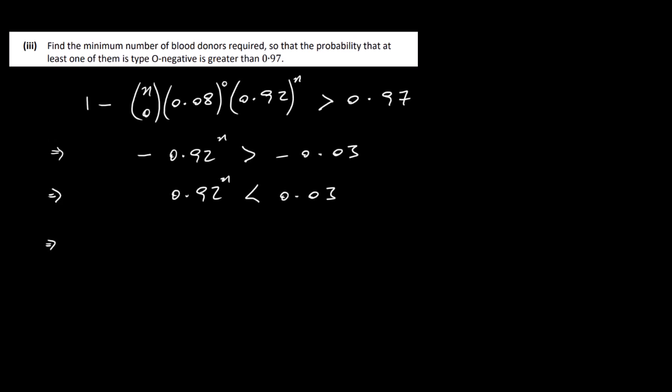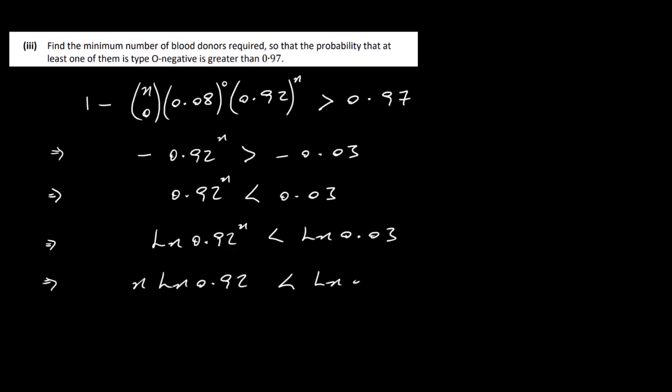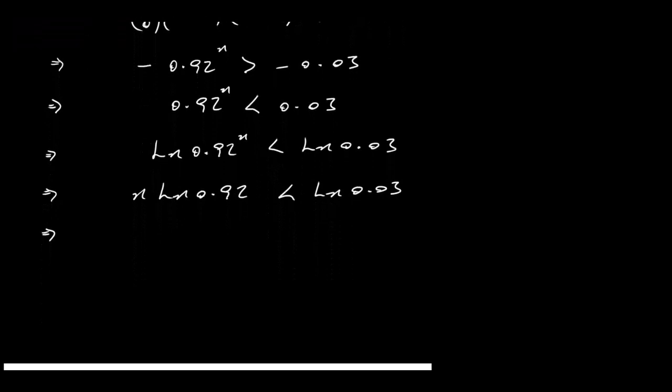So next thing, you just get the log of both sides. So get the log, we'll use natural log here, you don't have to. Log of 0.92 to the power of n less than log 0.03. Bring the n down, so that gives me n log 0.92 less than log 0.03, and finally then just divide by log 0.92.